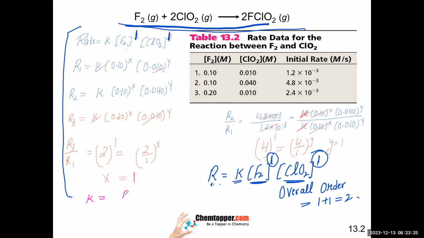K is rate divided by concentration of F2, concentration of ClO2, right? Pick up any experiment, you will get the same value. So let's pick up experiment 1. Very good, Afan. Experiment 1.